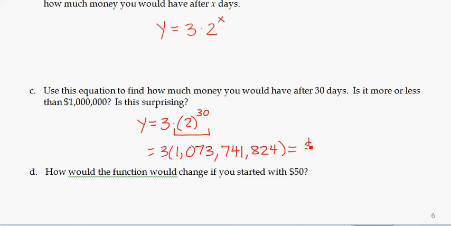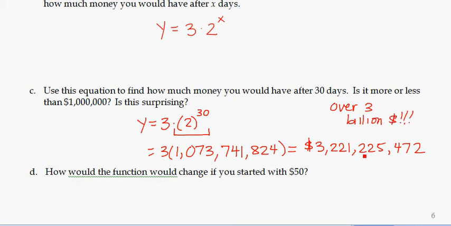So we really end up with 3,221,225,472. So that's over $3 billion. I think we should take our uncle's $3 billion over $1 million.